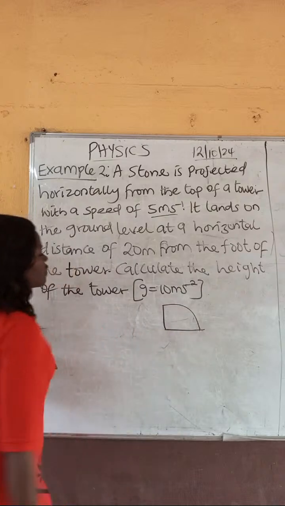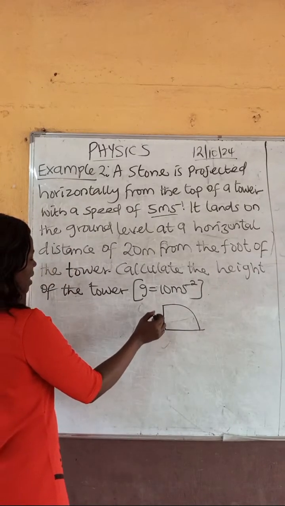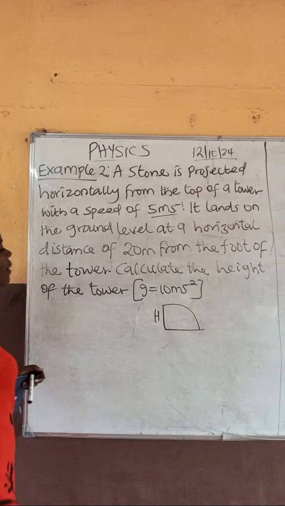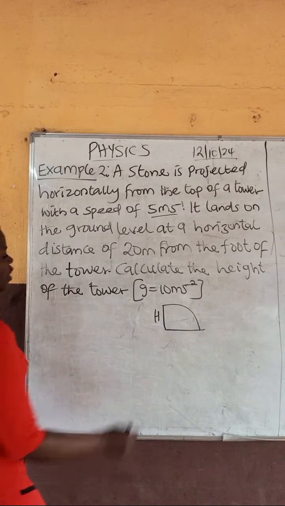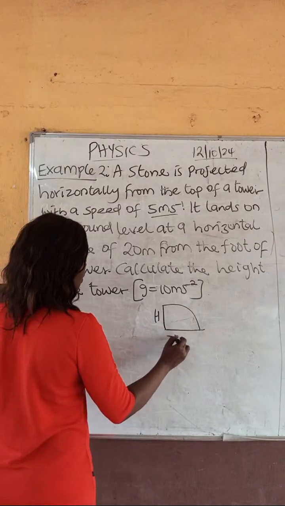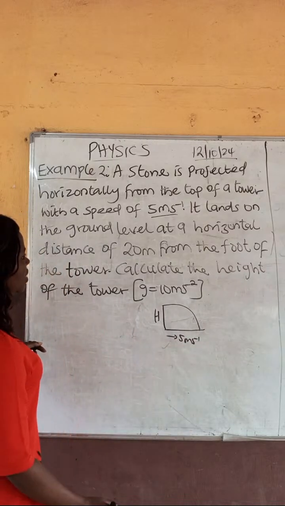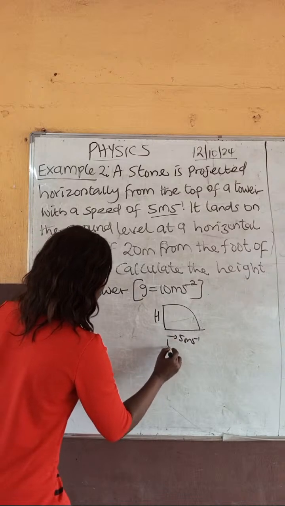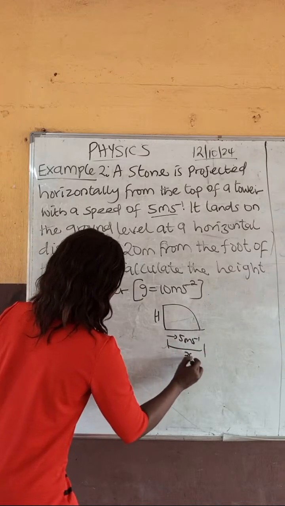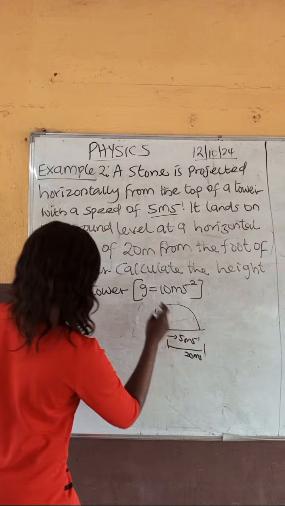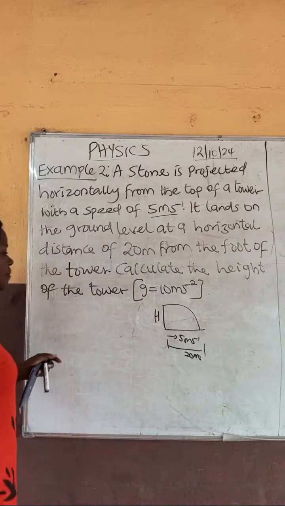The object moves, right? So the height of the tower is what we're actually looking for. But the object moves with a speed of 5 meters per second. Now the horizontal distance is the range. That means from here to here is giving us 20 meters, right? That is the range.